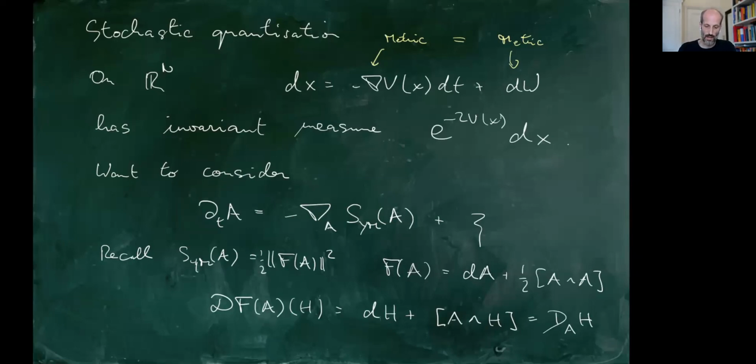On the other hand, F itself takes values in the space of 2-forms, the curvature was a 2-form. And on the space of 2-forms we also have a natural norm, the L2 norm, and that's the norm which appears in our definition of the Yang-Mills functional, which was just the L2 norm squared.